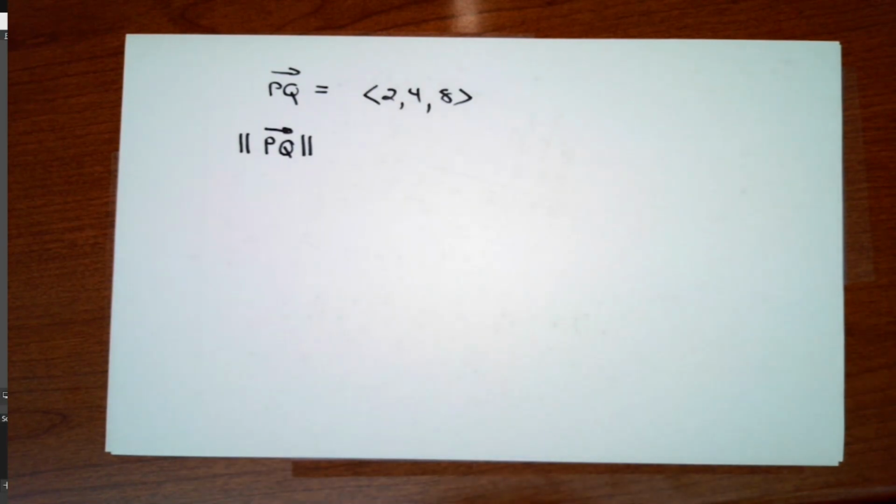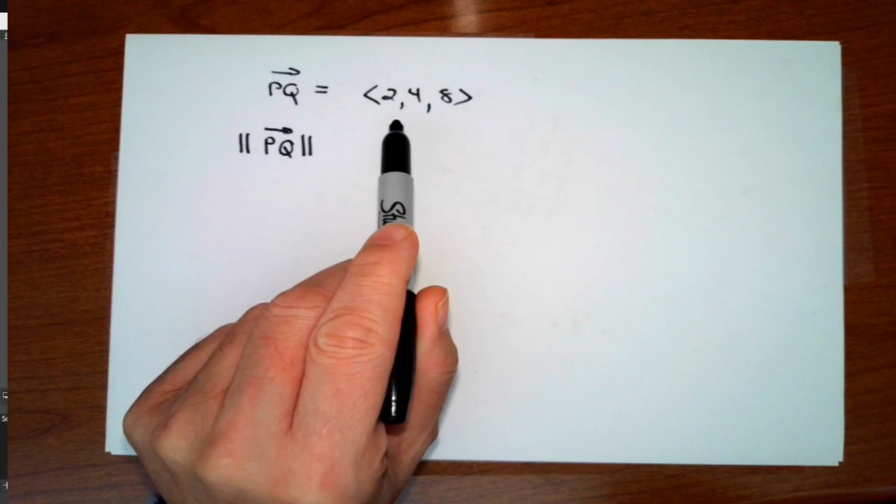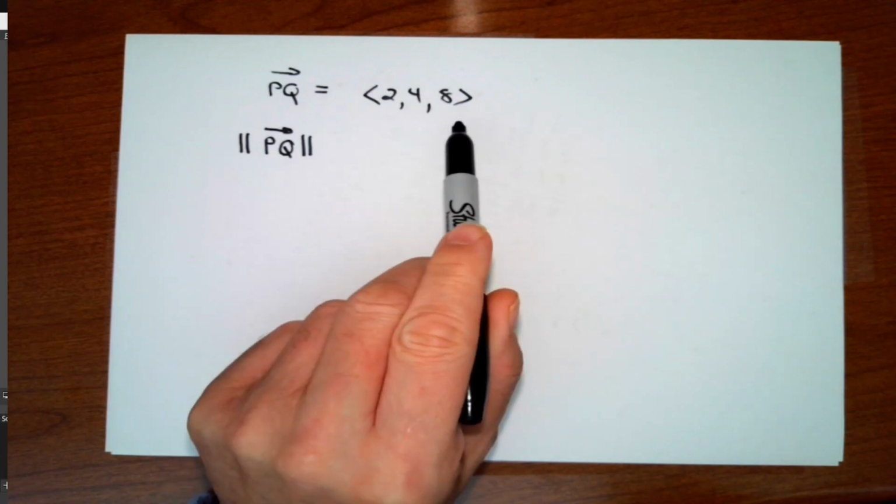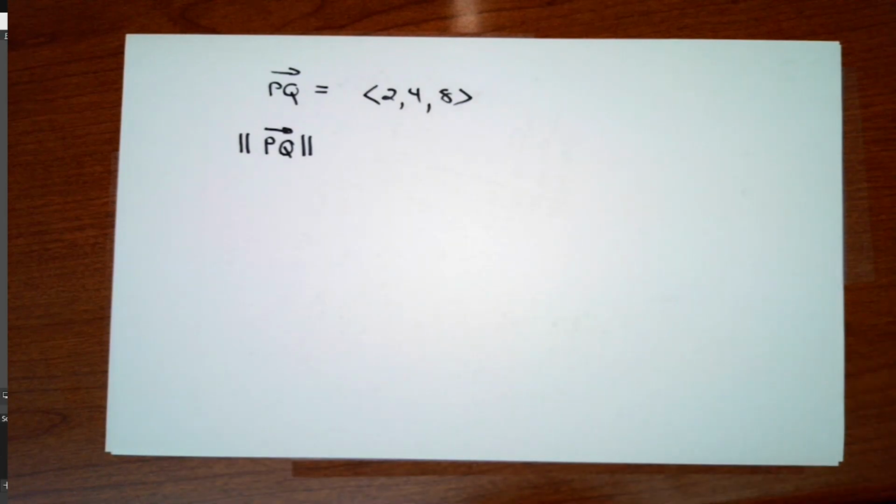If I think about that second idea, and I use the Pythagorean theorem, I'll be calculating 2 minus 0, quantity squared, 4 minus 0, quantity squared, 8 minus 0, quantity squared, add them up, do the square root. The result is I take the components of the vector, square them, add them up, and do the square root, just as you did in two-dimensional space.